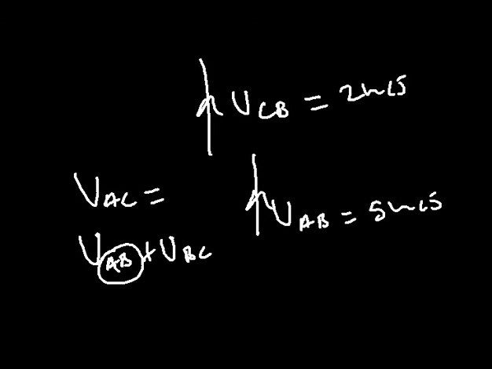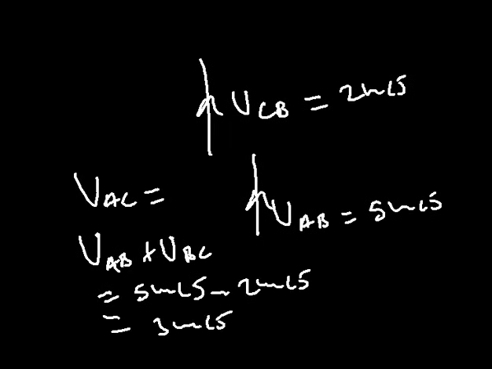Do we have VAB? Yes, pointing up, that is positive 5 meters per second. Do we have VBC? No, we have CB. Therefore, it has to be negative 2 meters per second. That will be given as 3 meters per second.